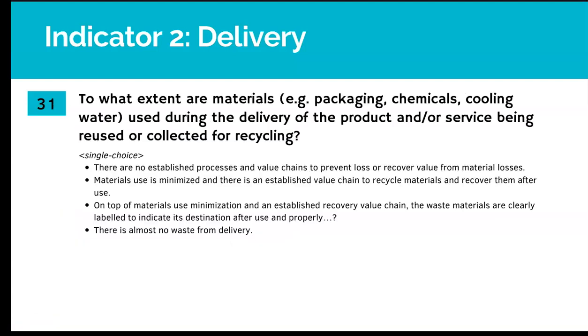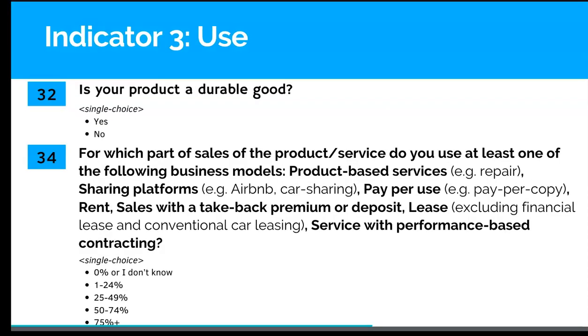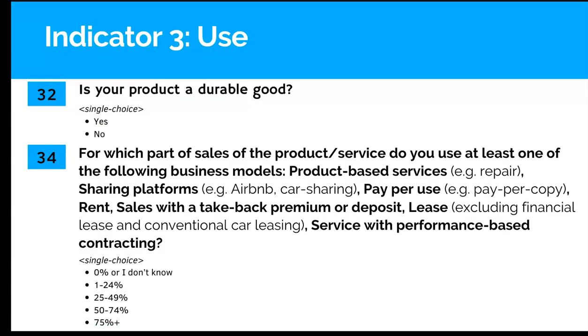The following question in the delivery category is asking to what extent are materials that are used during the delivery, such as packaging or chemicals or cooling water, reused or collected for recycling. So you see the delivery category was quite short, and now we are working with indicator number 3, which concerns the use of the product or the service.